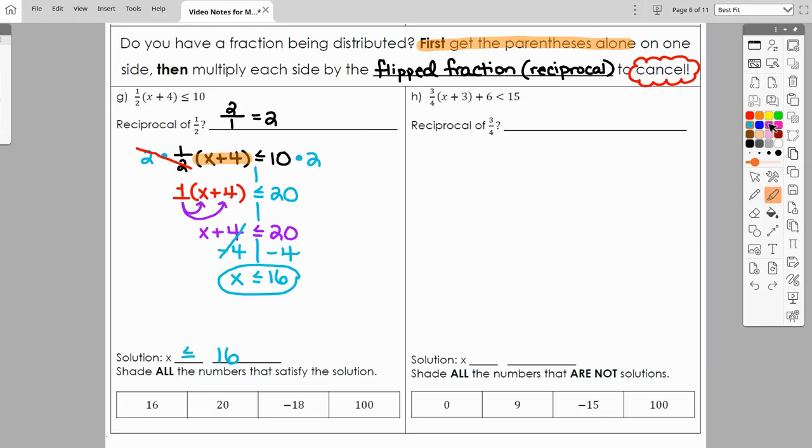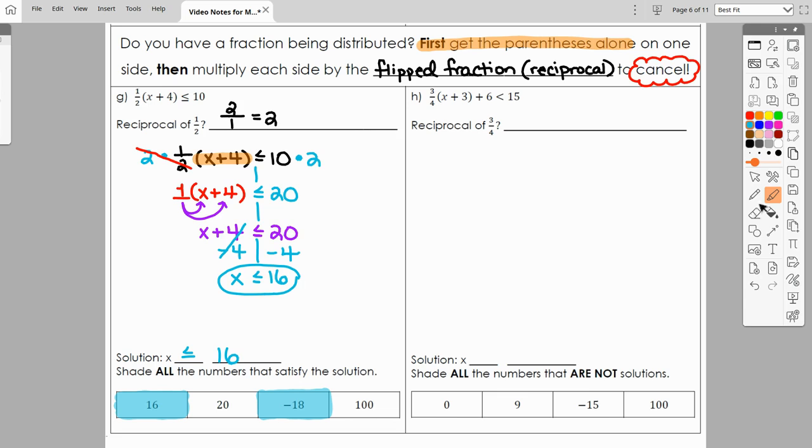Well, 16 is less than or equal to 16, so we'll shade it. 20 is greater than 16, so I can't circle it. That's not a solution that satisfies this inequality. -18 is definitely less than 16. Shade it. It's a solution that satisfies this inequality. 100 is not less than or equal to 16, so we can't shade it.